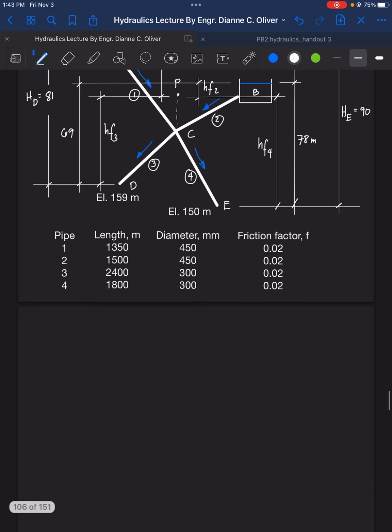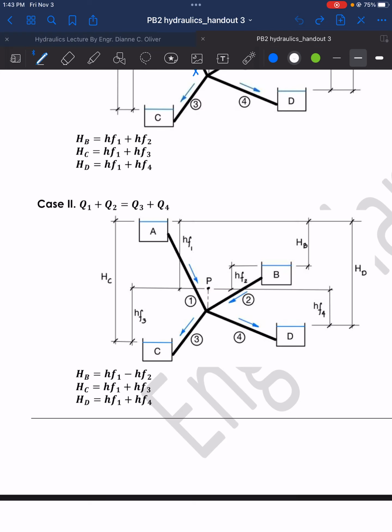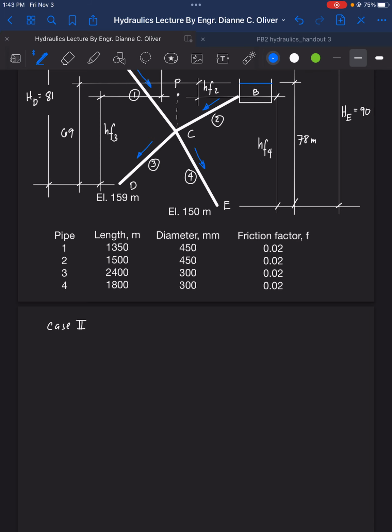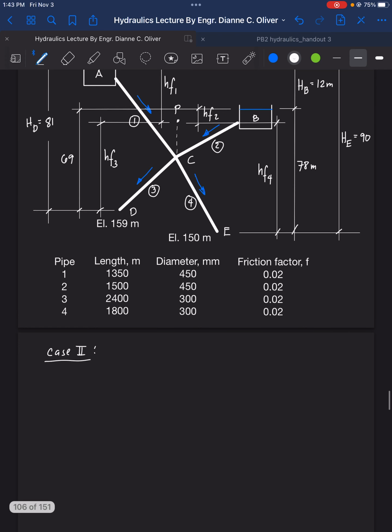So for this being our case 2, what can we see? Case 2 is Q1 plus Q2 is equal to Q3 plus Q4. In our problem, we have Q1 plus Q2 equals Q3 plus Q4.